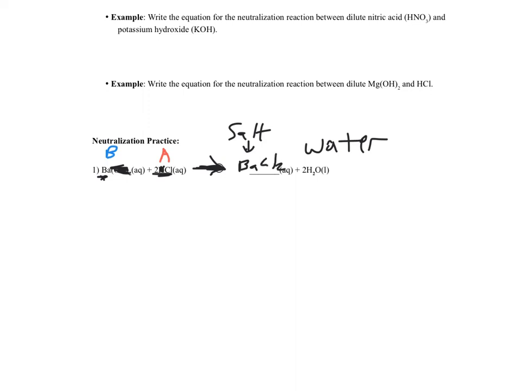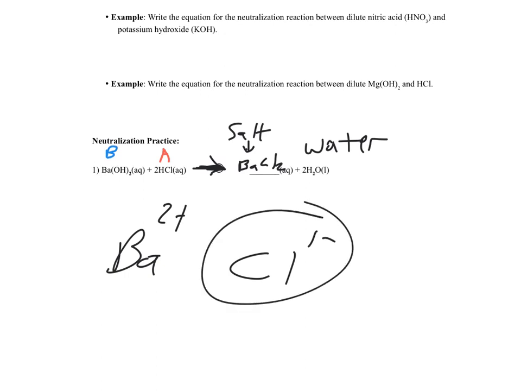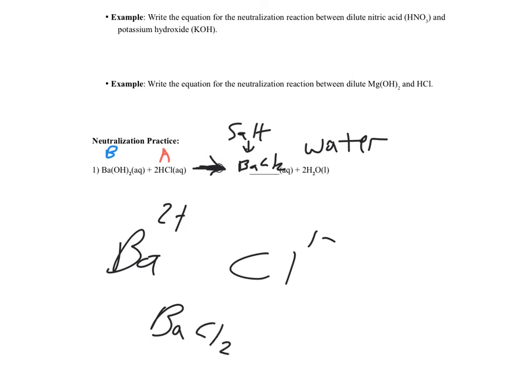And keep in mind that if you didn't quite look at it the right way, and maybe you weren't sure that you were supposed to have 2 chlorines, the other way that you could have done it is you could have looked up Ba, which again has an oxidation state of 2 plus, and chlorine, which has an oxidation state of 1 minus. And you can go, hey, that means I need 2 of these guys right here, which means the whole compound should read BaCl2.